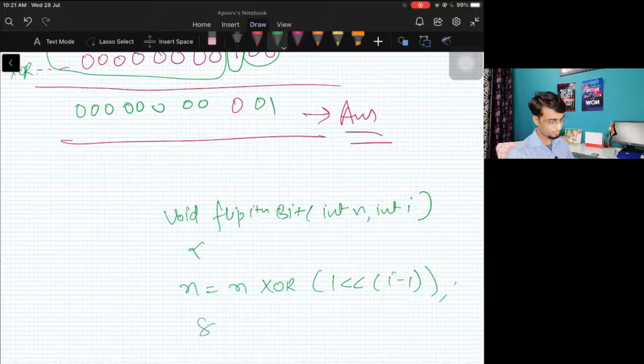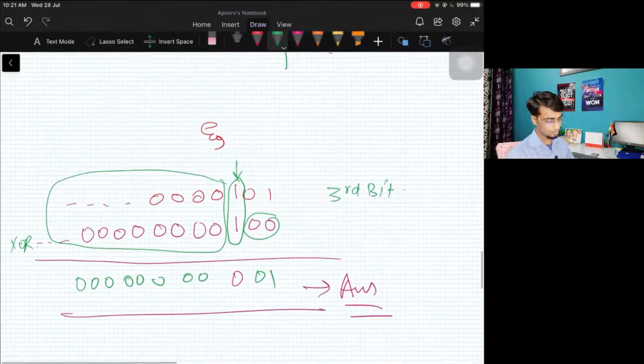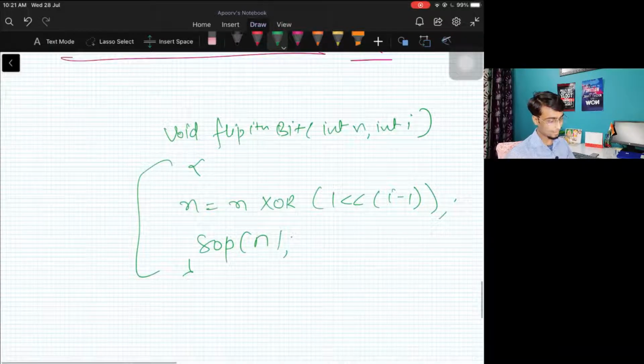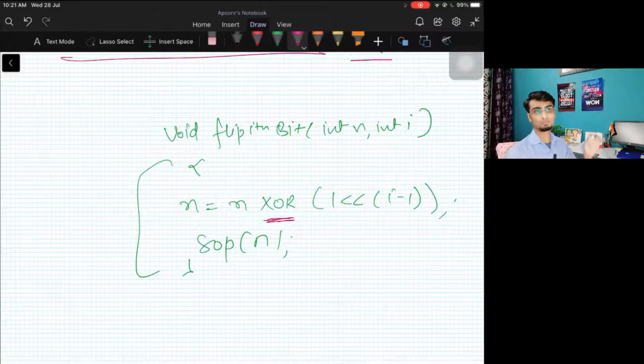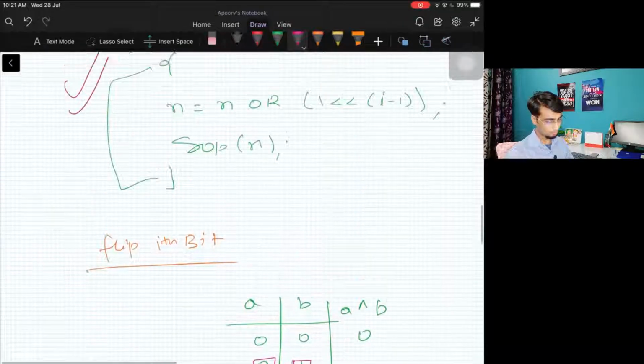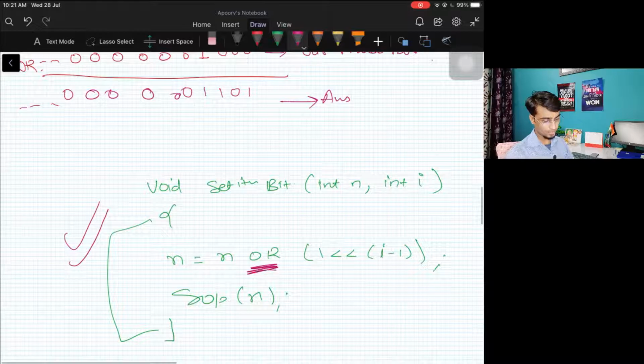Simply SOP n, right? So see, the thing is, I am writing XOR over here. You can use that XOR expression according to your language, right? I guess for Java it is this, and similarly for this. So you can use it according to your language.